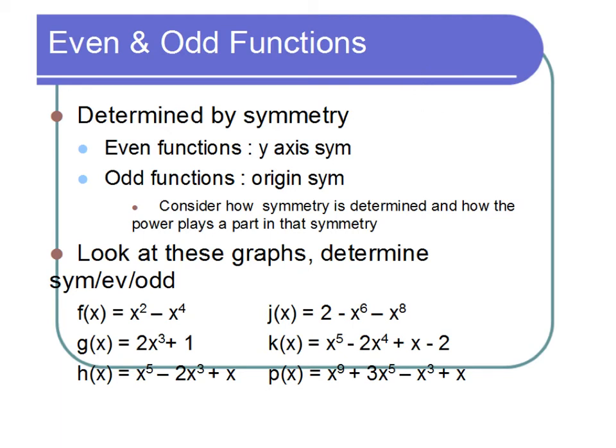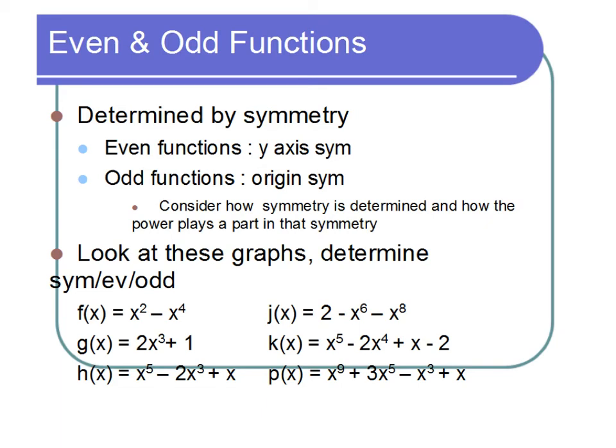So y-axis symmetry is an even function, origin symmetry is odd, and remember when we did our symmetry earlier, we were always looking for that squared item because that squared would make the negative go away. So anytime something is squared, it's going to be an even function because it's going to have that y-axis symmetry, since I'm going to square my x.